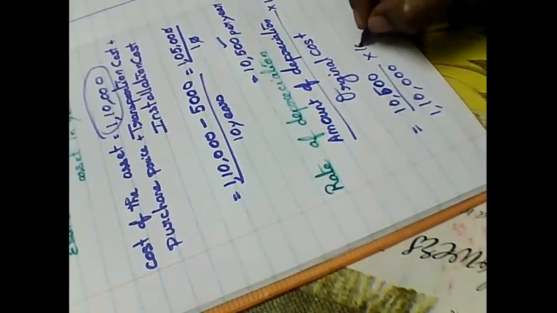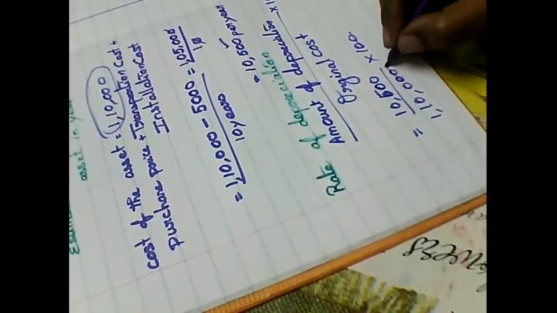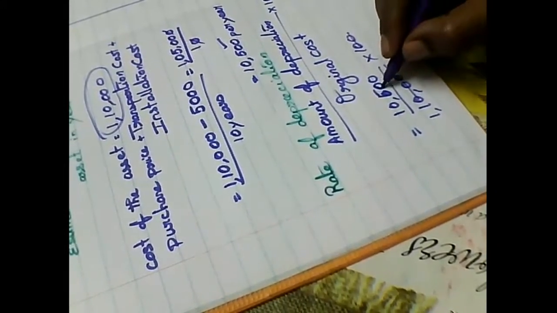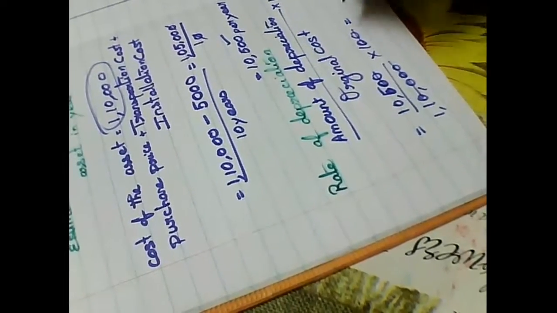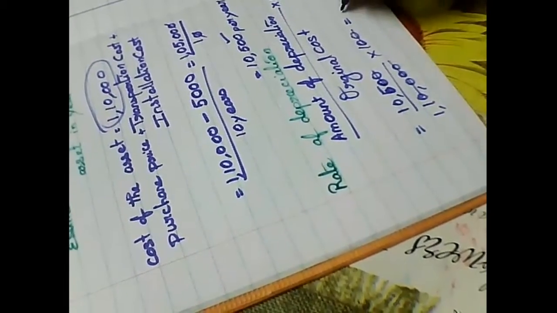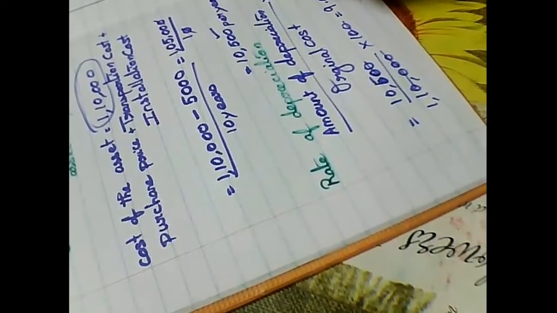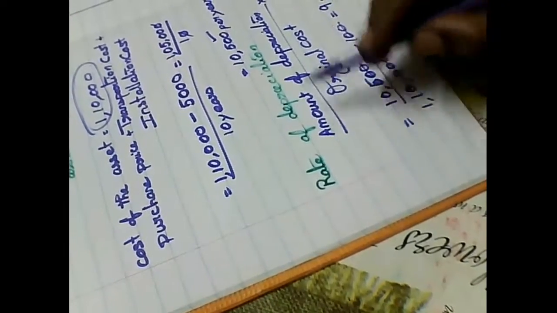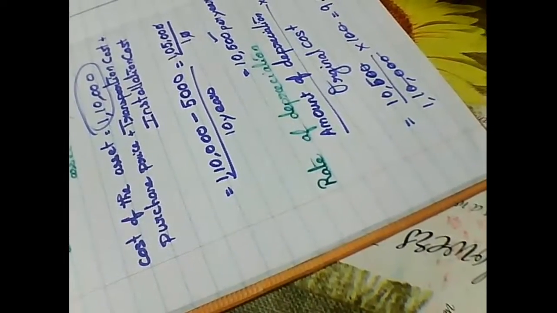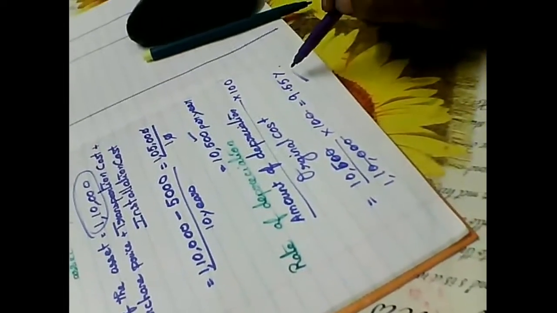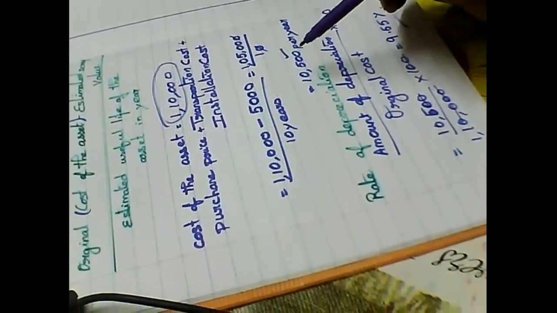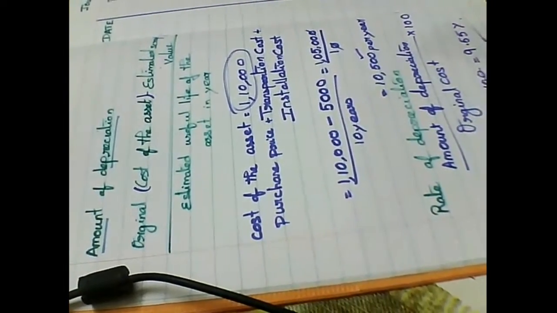We have to multiply it again by 100, just converting this to a percentage. All the zeros get cancelled, and after dividing by 11, you will get 9.55 percent. So this is the rate of depreciation. Now I am showing it in percentage, and the earlier one is the amount.